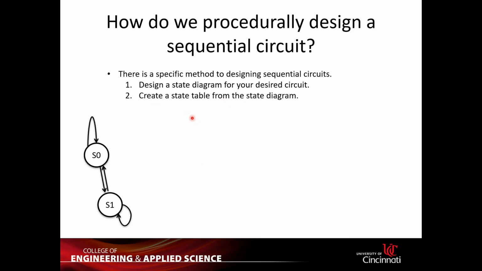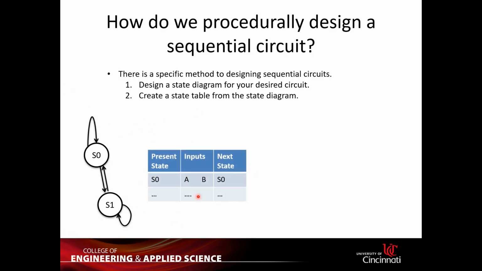But actually sometimes you can do step 2 first and then step 1. So steps 2 and 1 are up to how you decide, but because visually and graphically it's easier to make the state diagram, I would preferably go with the state diagram first, and from that you can make a state table. From the state table you need to derive the equation for the input of the flip-flop.